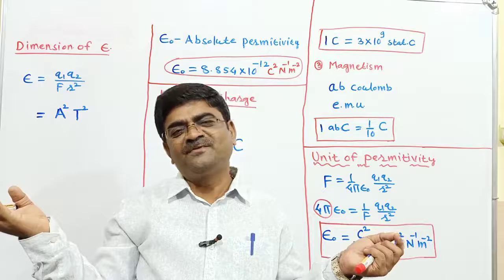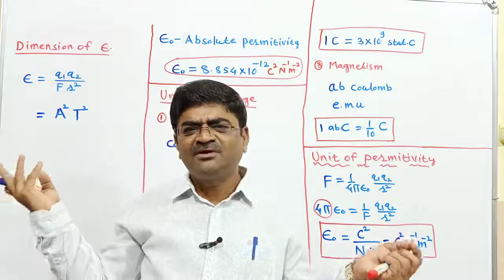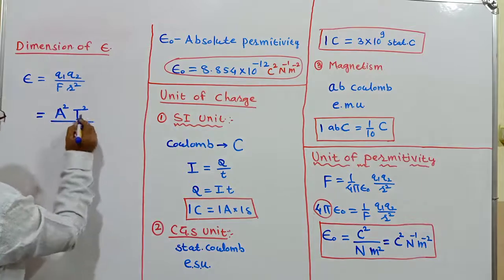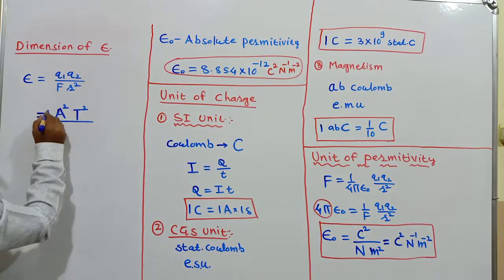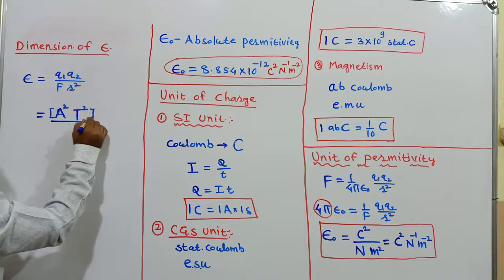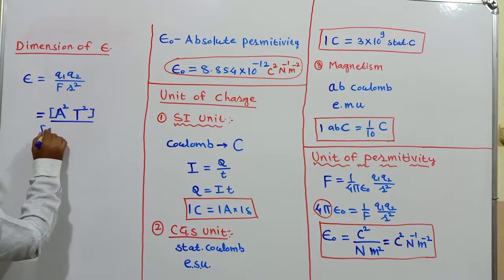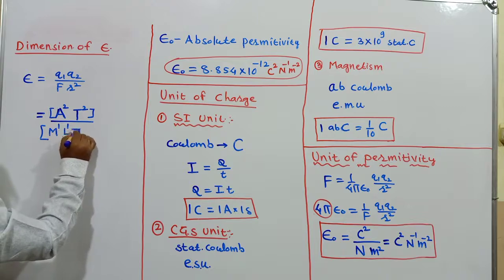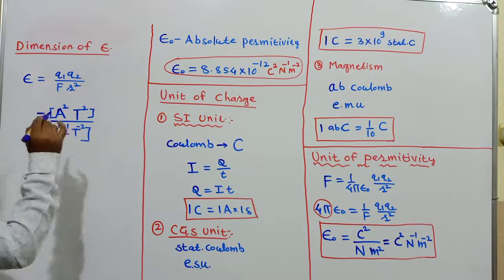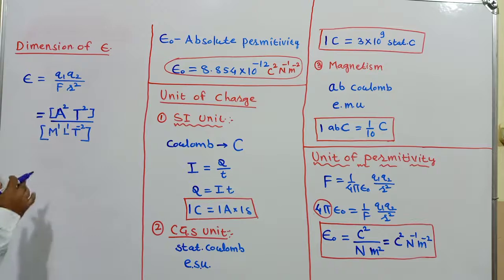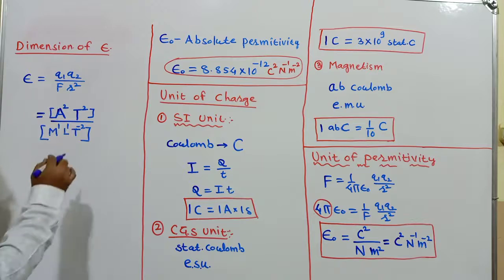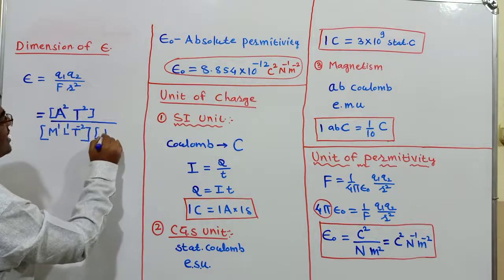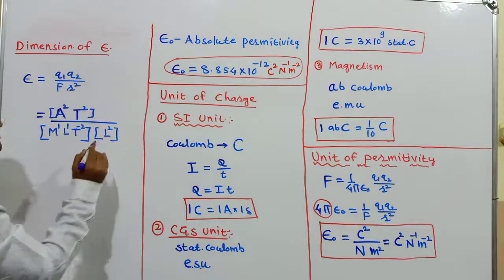They are two different charges, may have different magnitudes. Whereas in the denominator I have got force, and I shall write the dimensions of force directly. What are those? 1 in mass, 1 in length, minus 2 in time. So these are the dimensions of force. Whereas R I have got, distance I have got, square of that, 2 in length I will write.